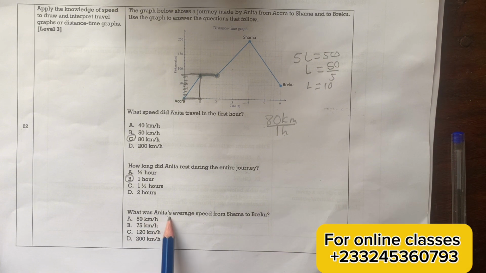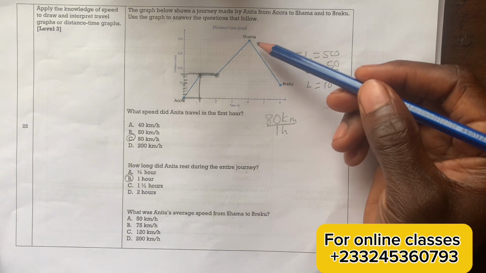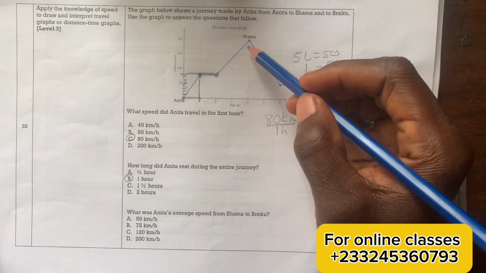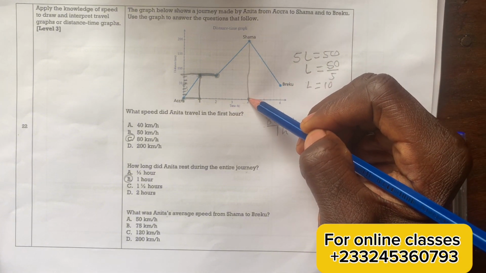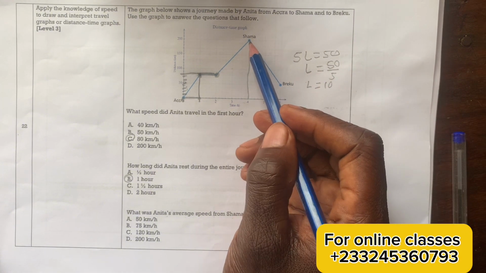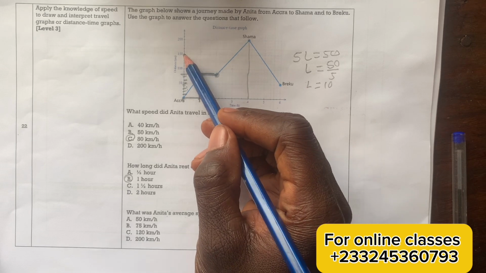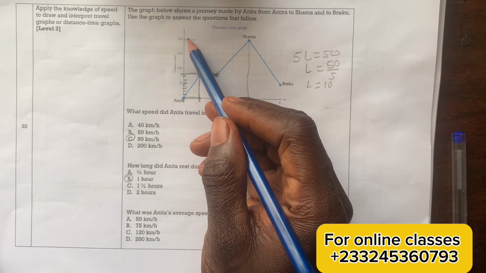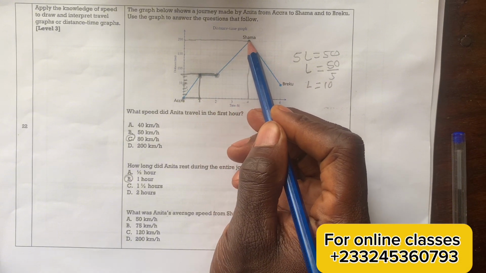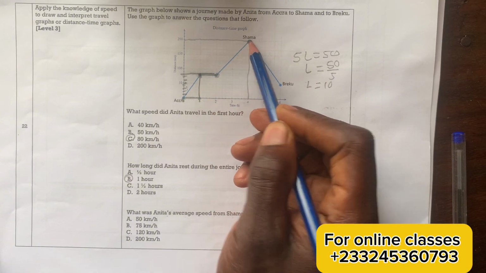What was Anita's average speed from Sama to Breku? So this is Sama. Trace it to the line. That is 4. And here we have 150 up to 200. So here Anita was standing here. Okay.